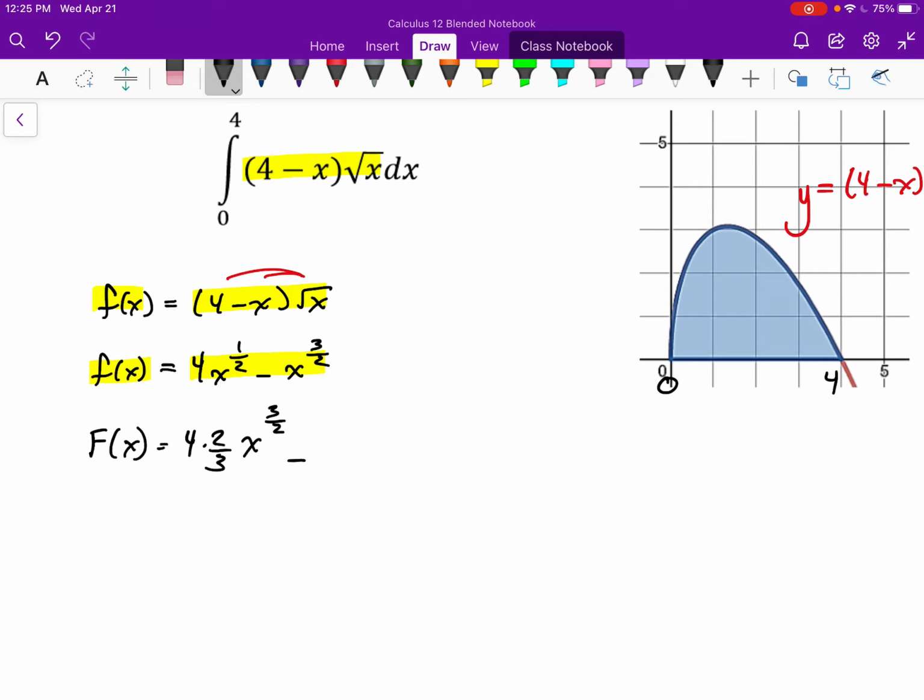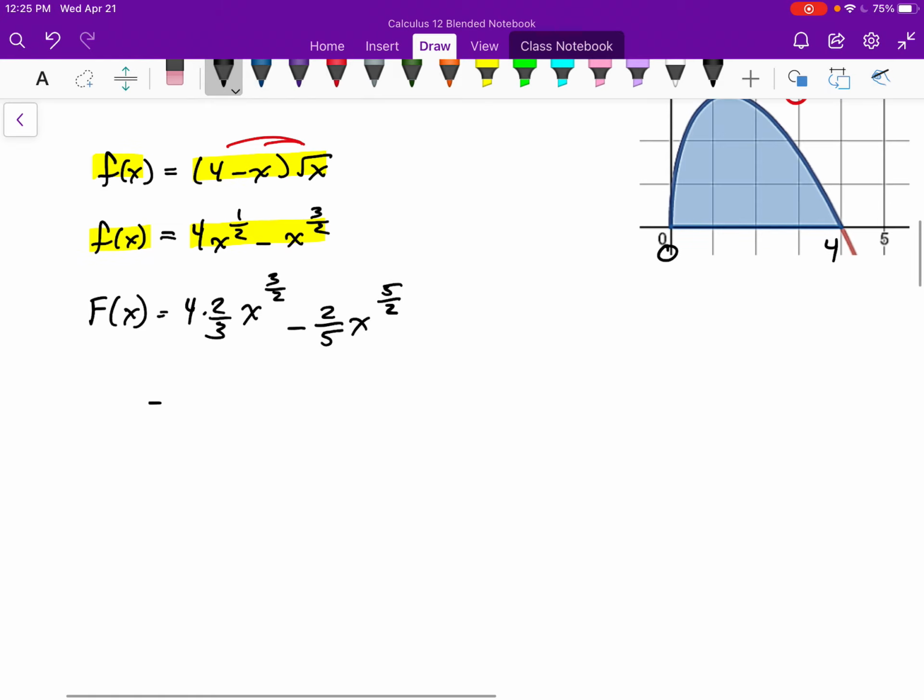And then minus, again, I have the reciprocal of 1 more than 3/2, so 2/5, times x to 1 more than 3/2. There's my antiderivative, which I'll clean up a little bit to 8 over 3 x to the 3/2 minus 2/5 x to the 5/2.